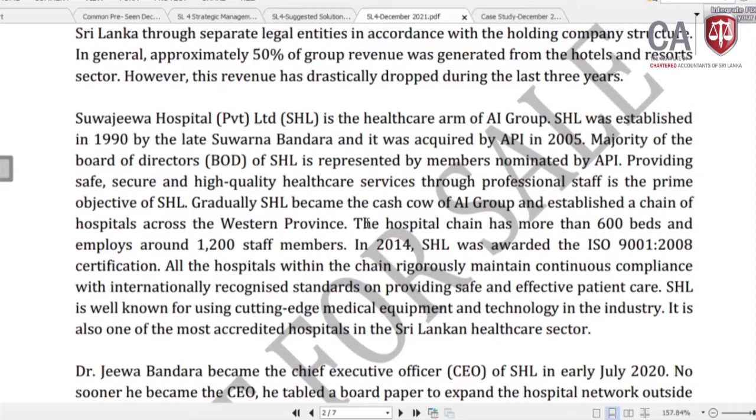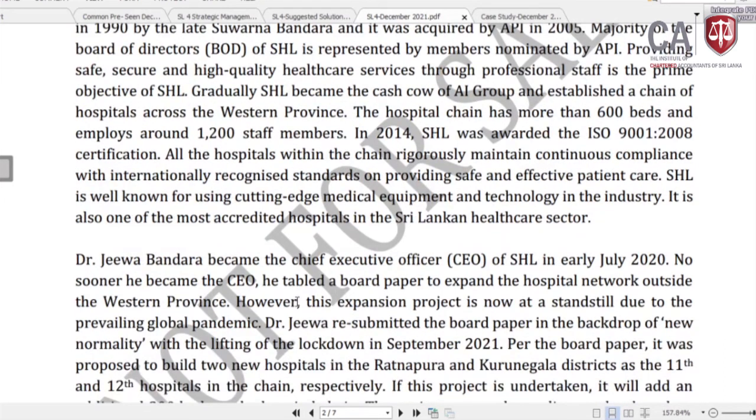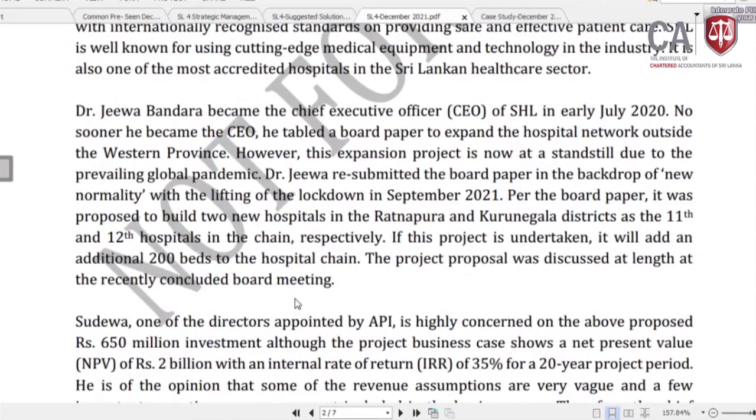Then they have a chain of hospitals up to the Western Province, a strength, and they have obtained the ISO 9001:2008 certification. Strength, quality aspect is strong. Then well known for using cutting edge medical equipment and technology in the industry. Strength again, and it is also one of the most accredited hospitals in the Sri Lankan healthcare sector. Strength, right.